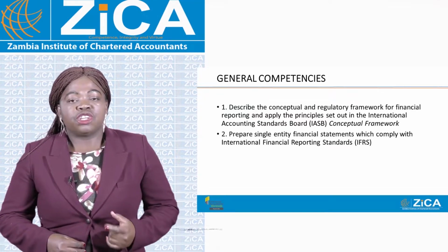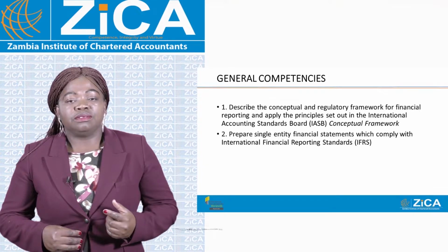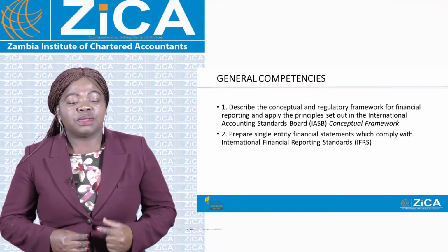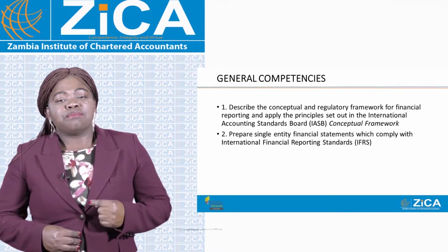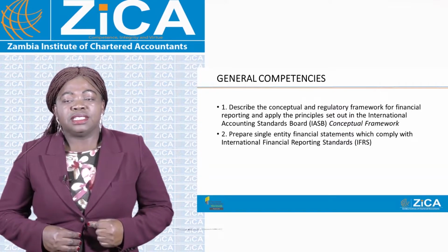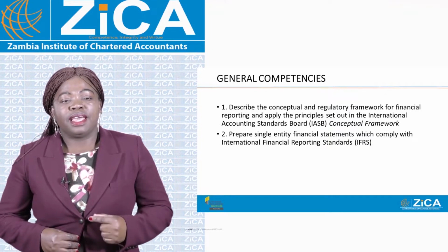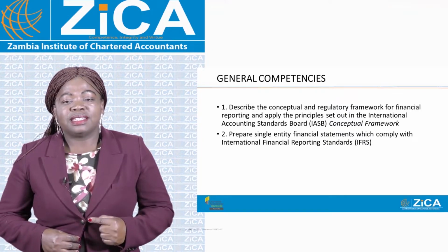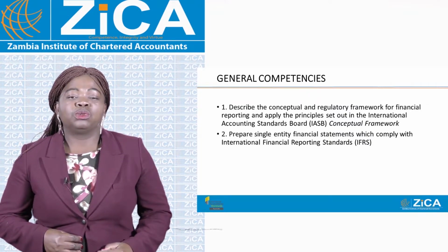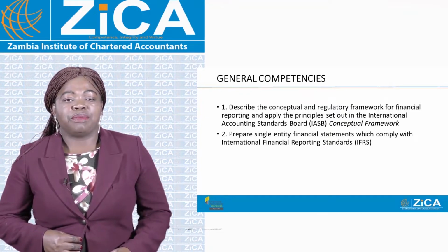The next general competence that you need to achieve at the end of your study for this paper is the preparation of single entity financial statements. I wish to confess here that this is one area that is very problematic to students that sit for this paper.